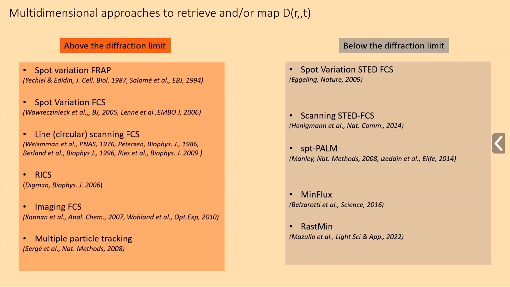The spot variation FCS technique, which comes from the CIML and Fresnel lab, was released at the beginning of the year 2000. And then also came the line or circular scanning FCS, then RICS, which is a two-dimensional fluctuation analysis. Then in 2006, imaging FCS in the lab of Thorsten, who is here, and I think he will talk about this first in his talk and also in the hands-on.